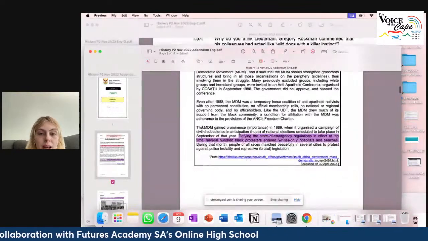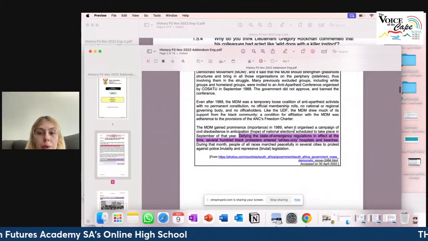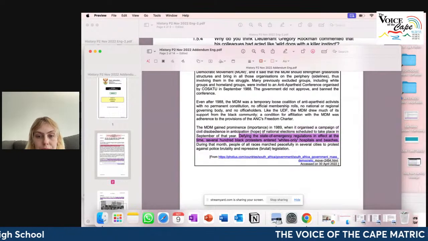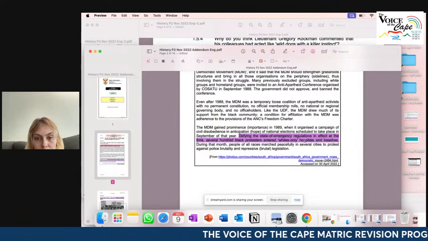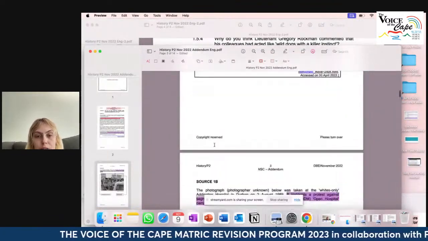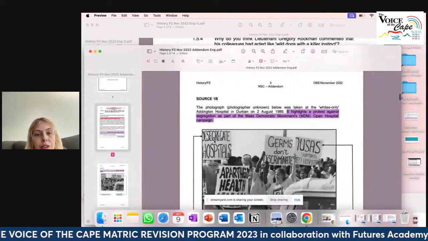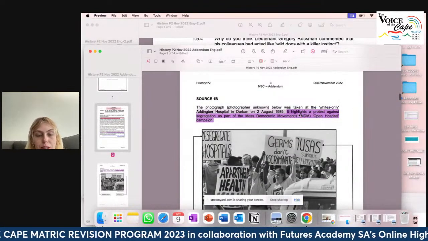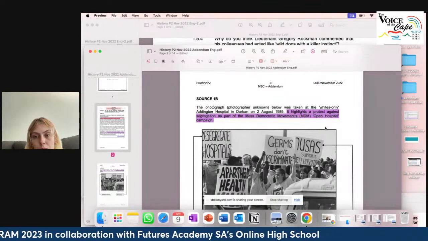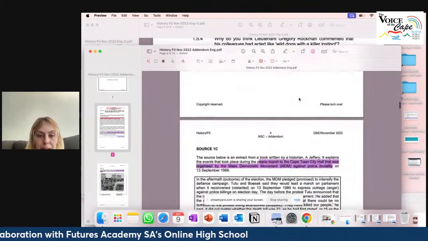And then here, it organized a campaign of civil disobedience. It defied state of emergency regulations, from source 1A. From source 1B, you could say that they were at a protest against segregated hospitals as part of their open hospital campaign.